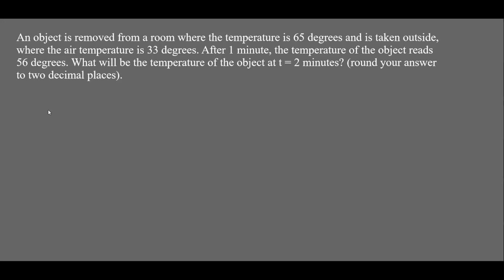So this is what we call Newton's law of cooling. And that says that the rate of change of the temperature over time is proportional to the difference between the temperature of the object and the surrounding temperature, which we call T sub A, or sometimes it's called S. We use a negative sign in front of the proportion constant just to make things nicer when we solve the equation.